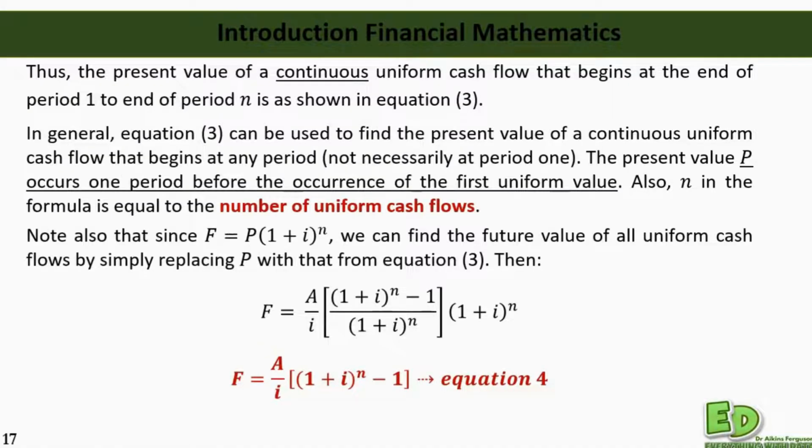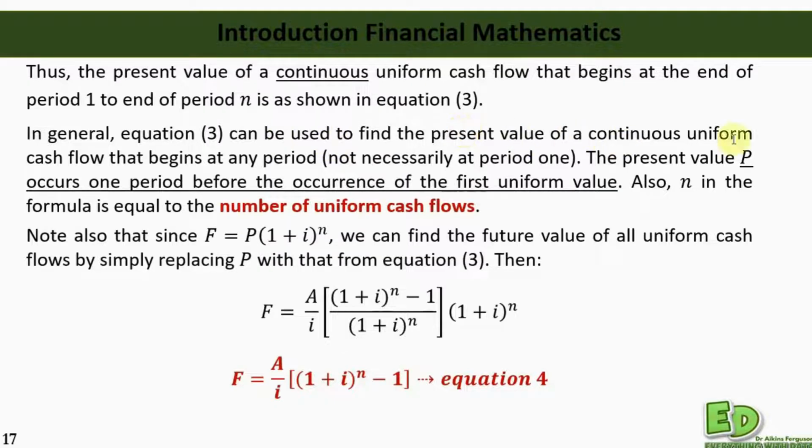Right. So the present value of a continuous uniform cash flow that begins at the end of period 1 and runs to the end of period n is as shown in the equation. So in general, the equation that we had earlier has to do with what?